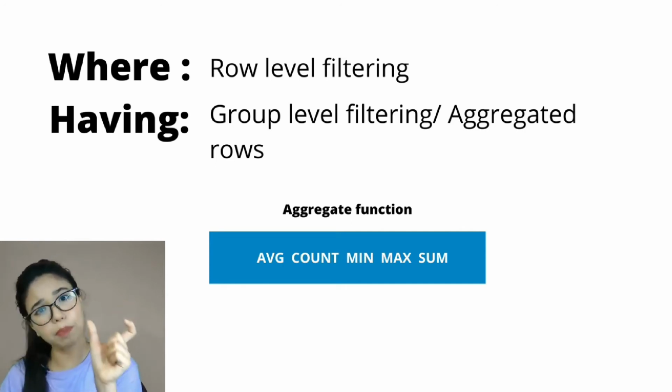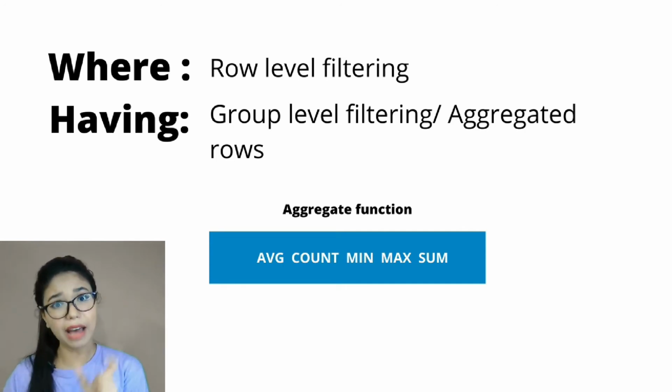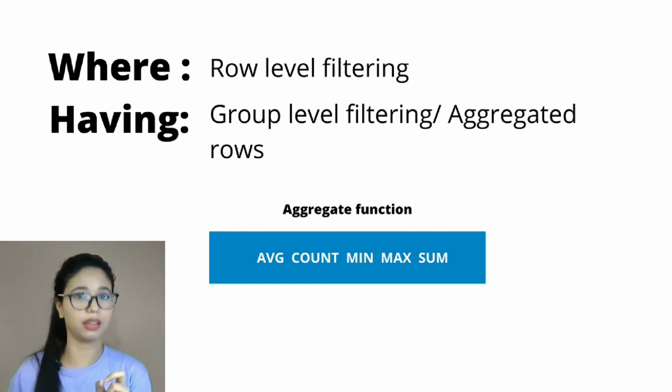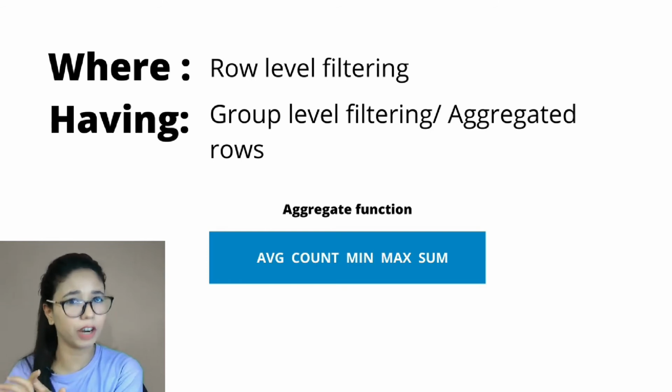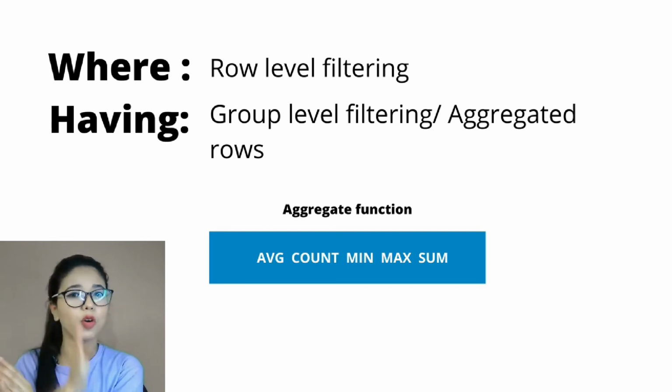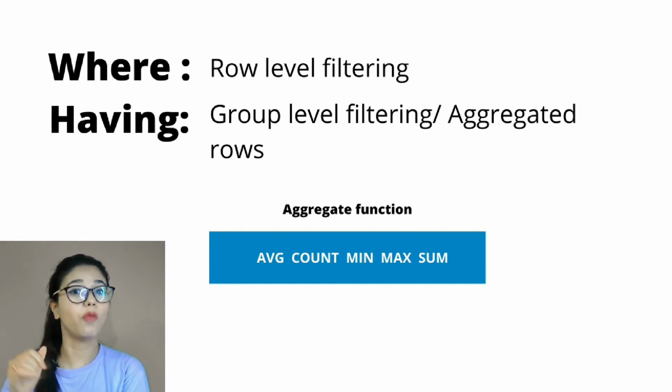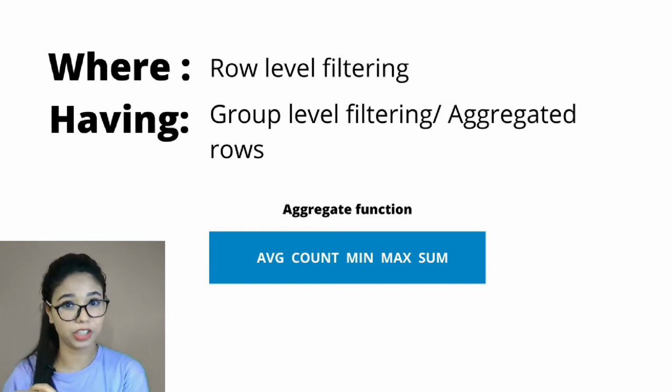So for that department, I'm going to use having average salary greater than this. Whenever a column name comes with an aggregating function, then you need to apply having instead of where. Where cannot be used with an aggregate function.